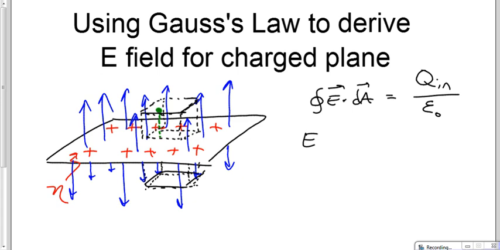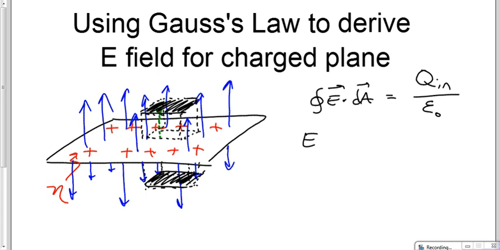I'm going to shade in here all the area that it's piercing. We've got field lines piercing that. Notice they do not pierce through the sides of the box, because the sides are parallel to the field lines. They skim along it, but they don't pierce it.